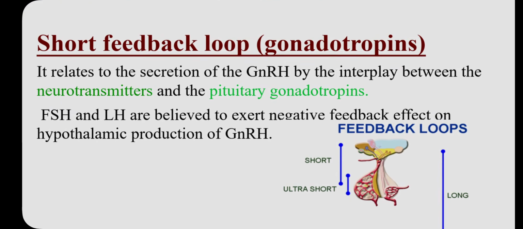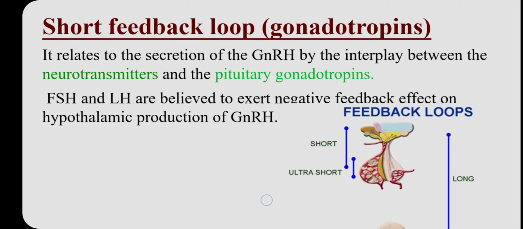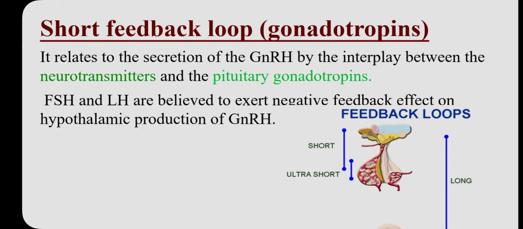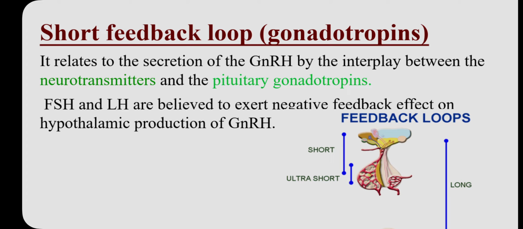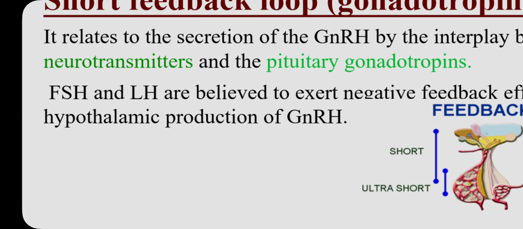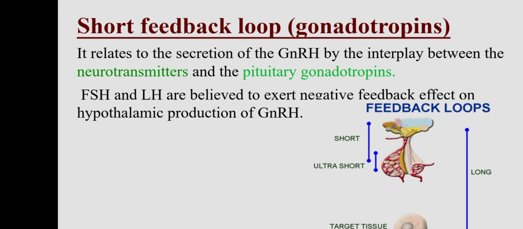Next is the short feedback loop. Here it is involving the pituitary. It is related to the secretion of GnRH by the interplay between the pituitary and the hypothalamus, and here the neurotransmitters are also involved. The FSH and LH are believed to exert a negative feedback effect on the hypothalamic production of the GnRH. So the pituitary releases the FSH and LH. Whenever the FSH and LH are more in the circulation, automatically it exerts a negative feedback effect on the hypothalamus.